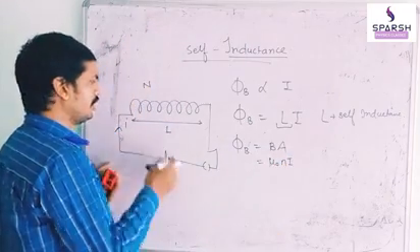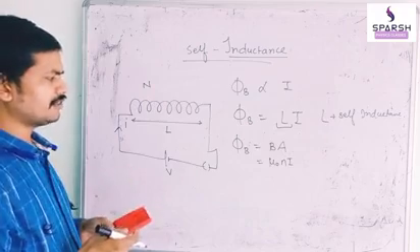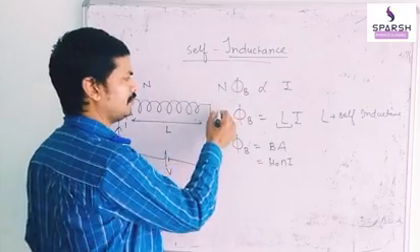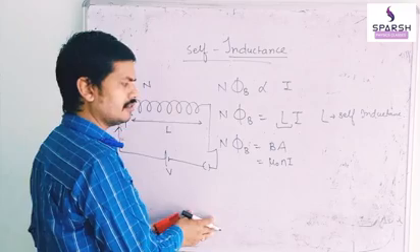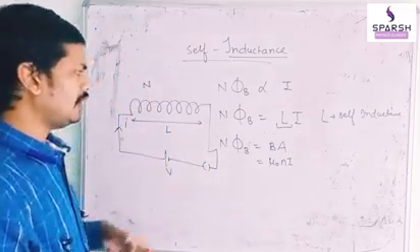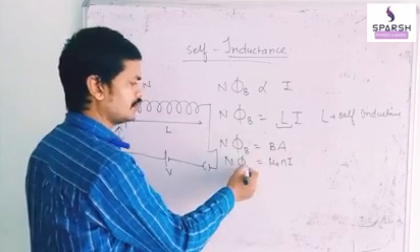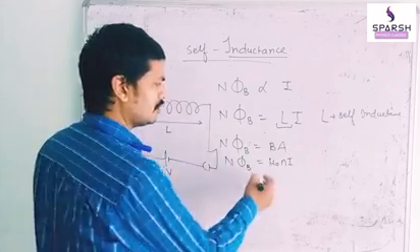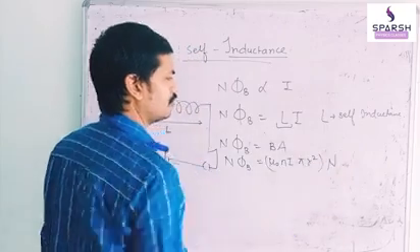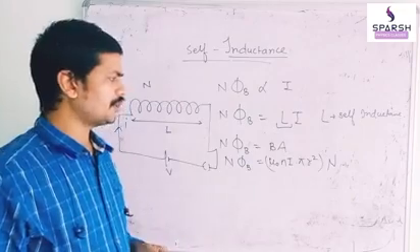Okay. So if a single turn is having the change in magnetic flux, then there are N turns, so we have to multiply this flux by N. अगर एक टर्न में फ्लक्स चेंज हो रहा है तो N टर्न्स है वहां पे, तो N टर्न्स में फ्लक्स चेंज होगा, तो N phi B is equal to mu naught n I. So we have to multiply N both sides, and the area will be pi r square of each coil.